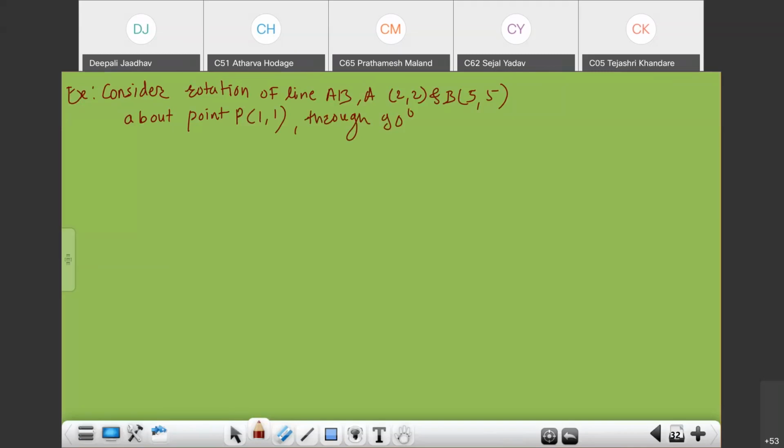Suppose we want to do it. The point is given, a line is given, we want to rotate this line about the point (1, 1) through 90 degrees, not through the origin.